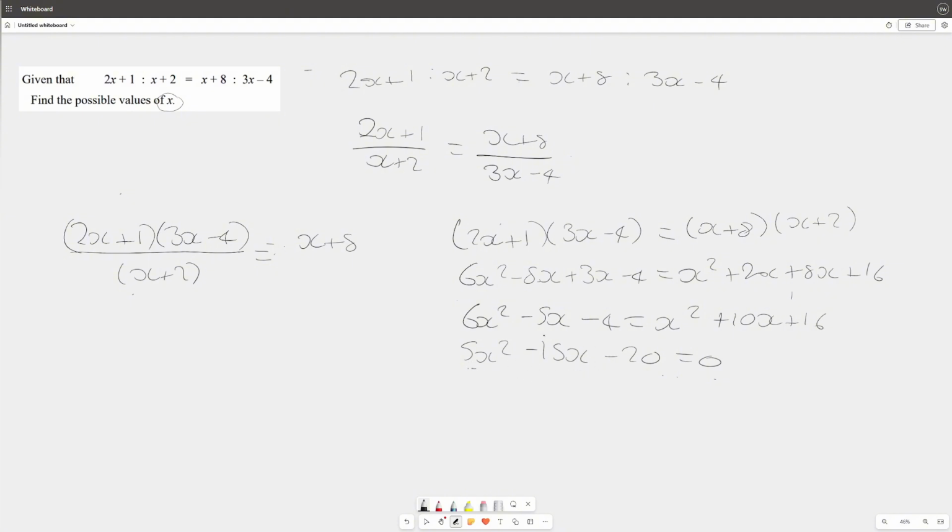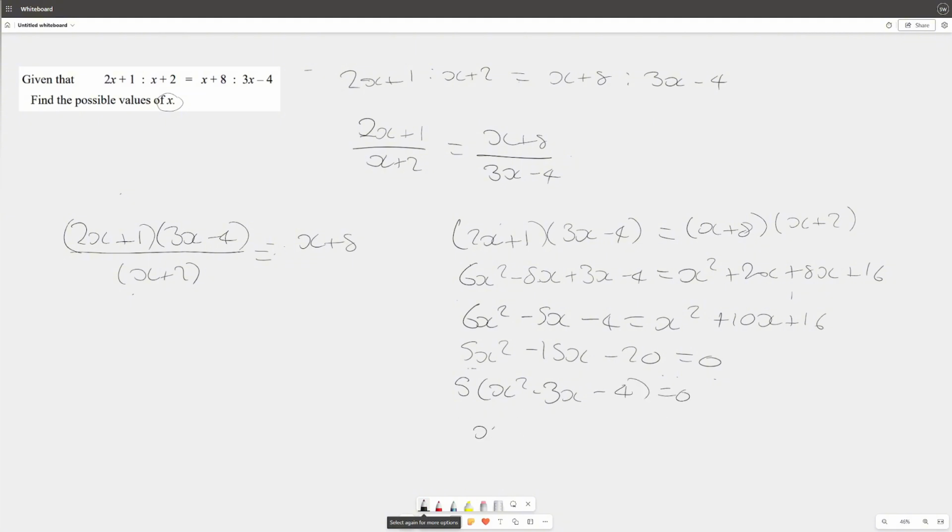So what can I do to this? Well, I could do 5 times minus 20, find two numbers that add to get minus 15 and multiply to get that number. But instead, I can factorise a 5 out of this whole thing straight away. I factorise a 5 and simplify this to x squared minus 3x minus 4 is equal to 0.